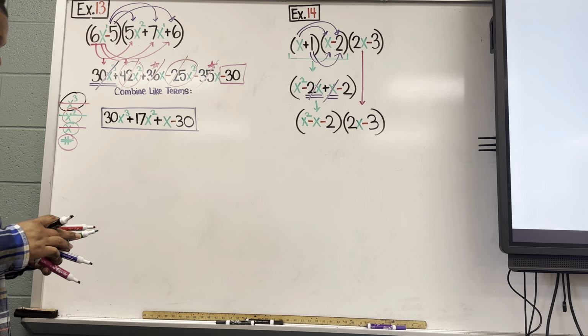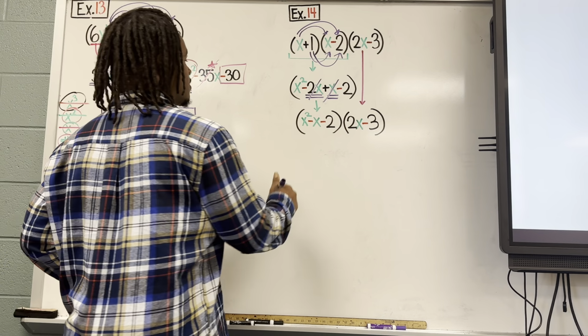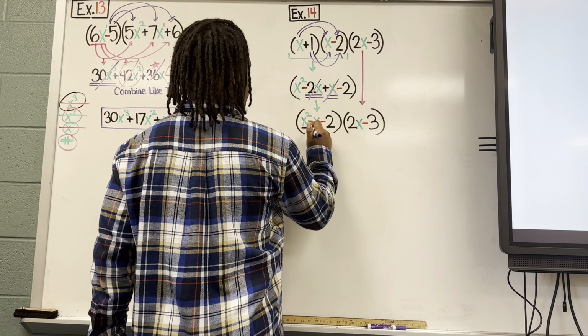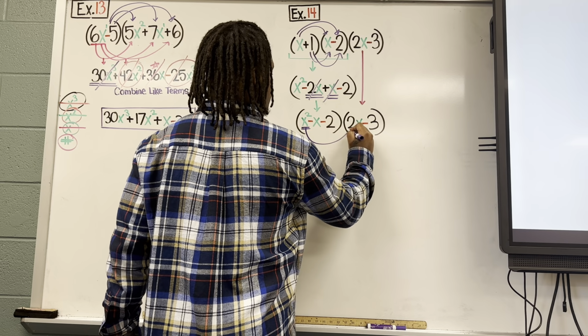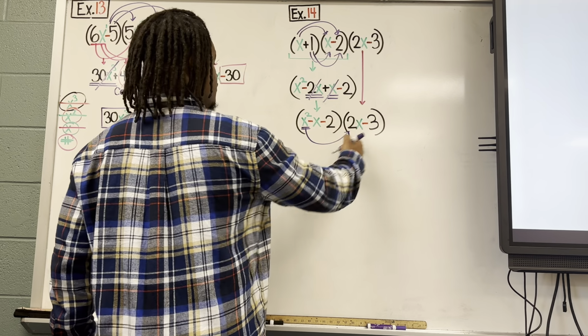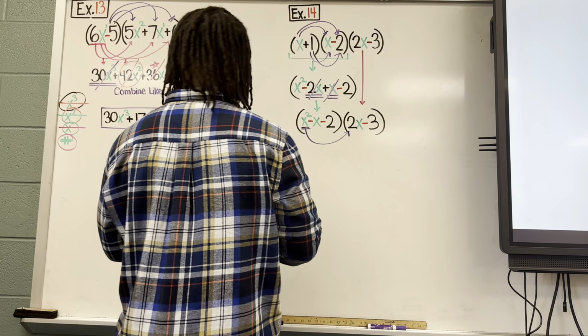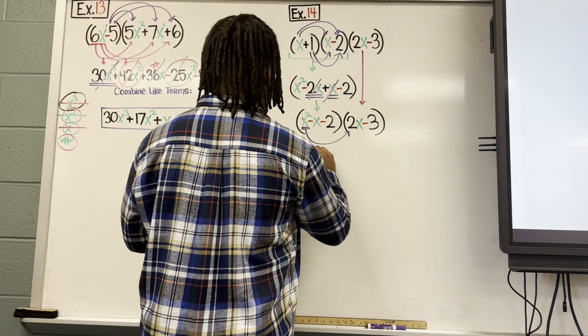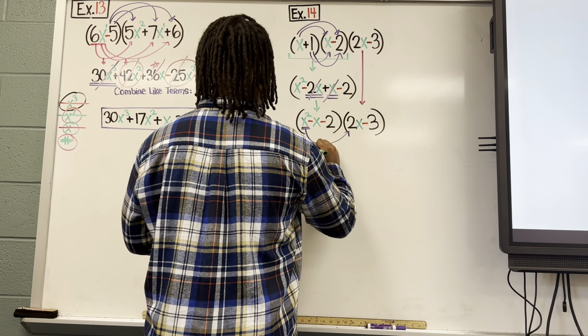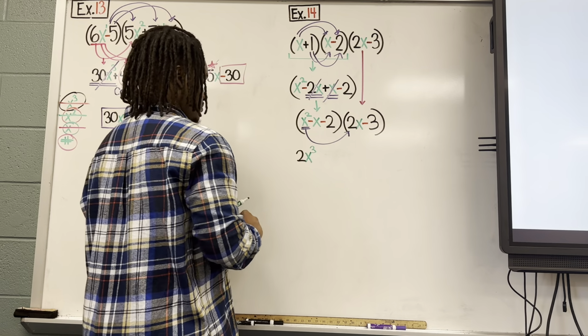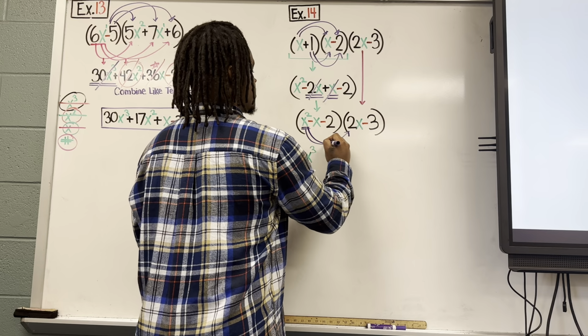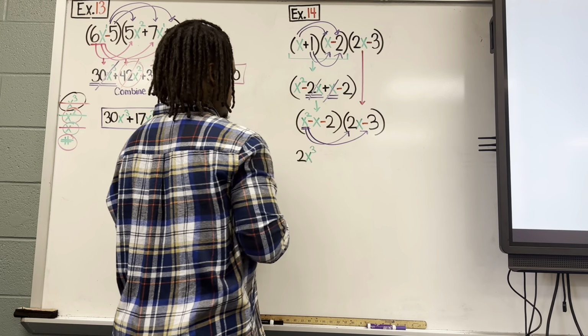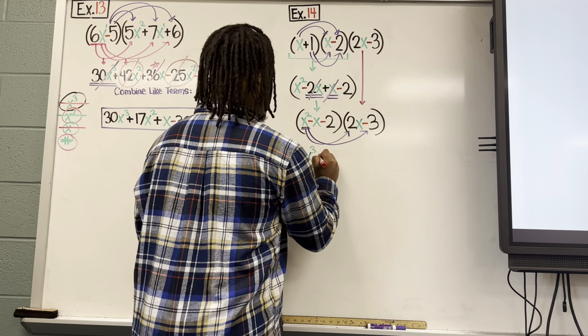All right, now we have to do the same thing, guys. We have to actually factor out, okay? So I'm going to start off with this x squared times 2x, or 2x to the first power, is 2x to the third power, or 2x cubed, okay? X squared times negative 3 is negative 3x squared, right?